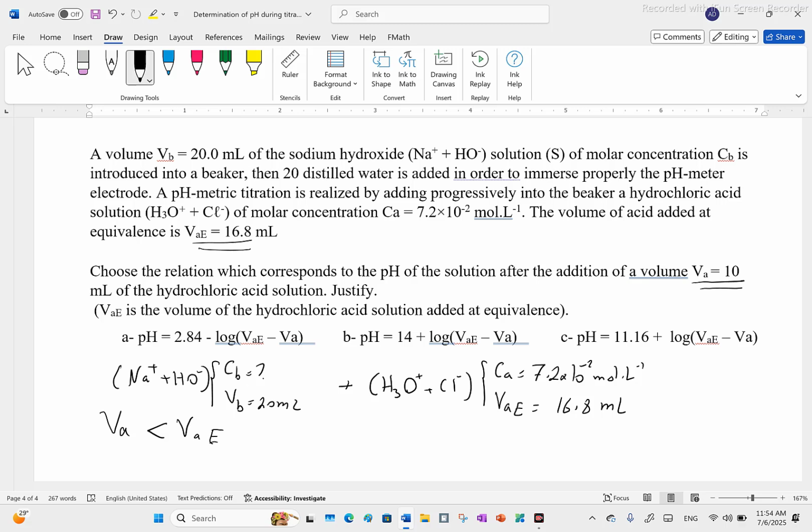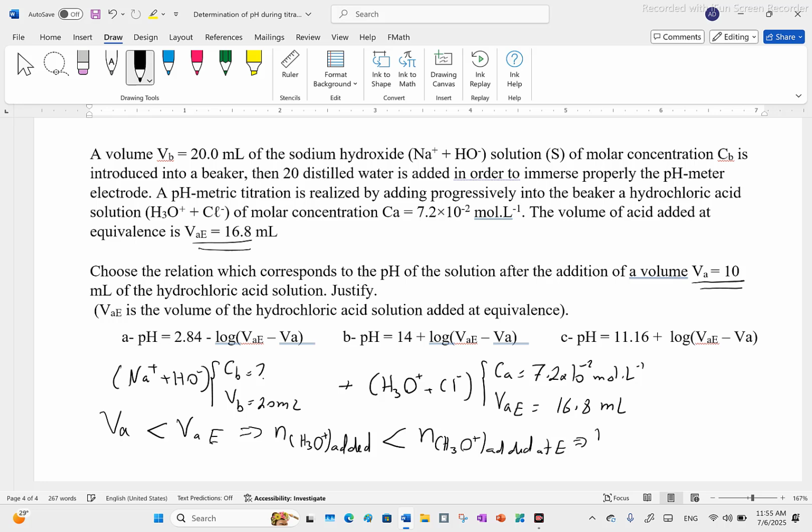Since VA is less than VAE, the number of moles of H3O+ added is less than the number added at equivalence, before equivalence.